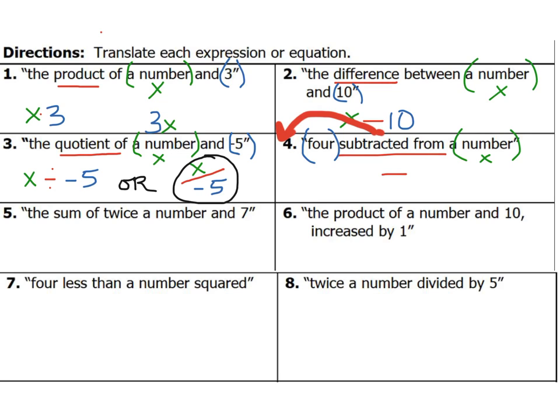So 4 subtracted from means I'm going to put that minus sign in front of the 4. And then the word a number means x, and that will go in front. So turnaround means that I take that 4 and that x, and I write them algebraically in the reverse order.